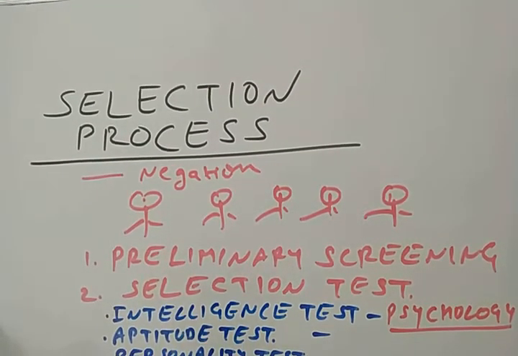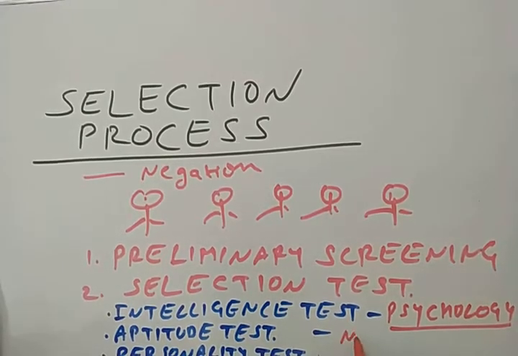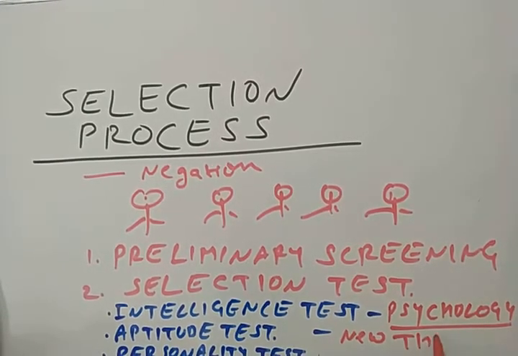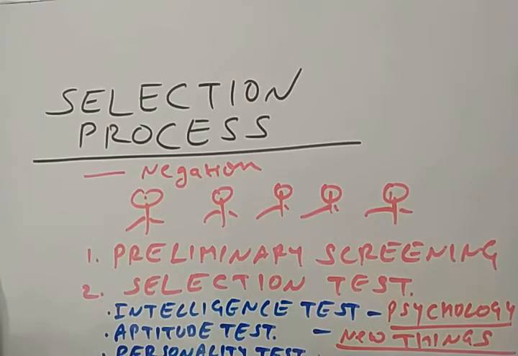After that, aptitude test come. In aptitude test, potential of individuals for learning new things. How fast new things can be understood by the candidate is tested by aptitude test, right?